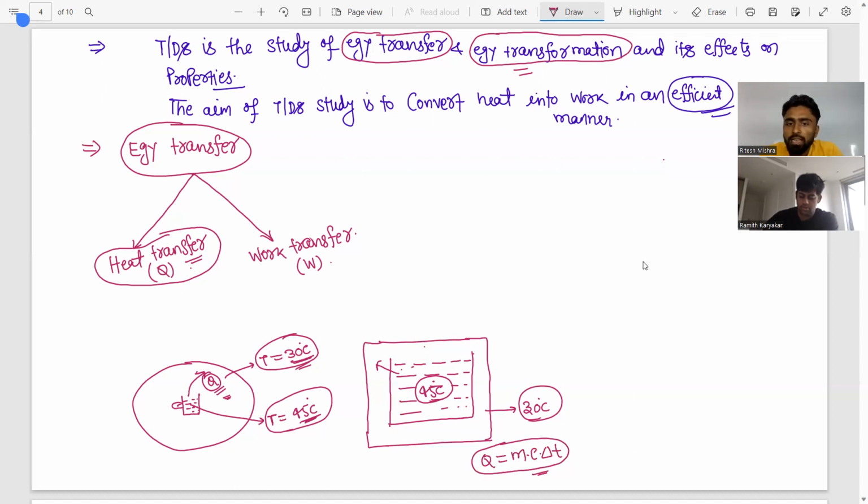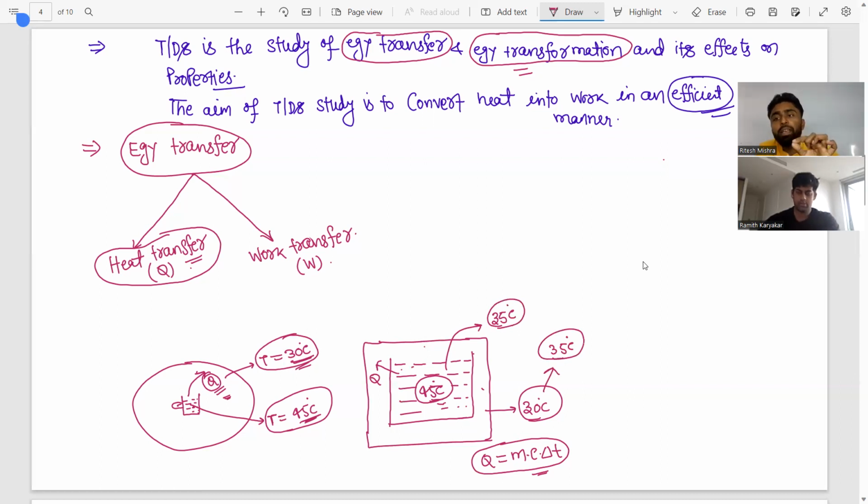Let us see what will happen in the second figure. The hot water temperature will decrease and the room temperature will increase. Let us assume the hot water temperature will decrease to 35 degrees Celsius and the room temperature will increase to 35 degrees Celsius. Now the temperature of both is the same.